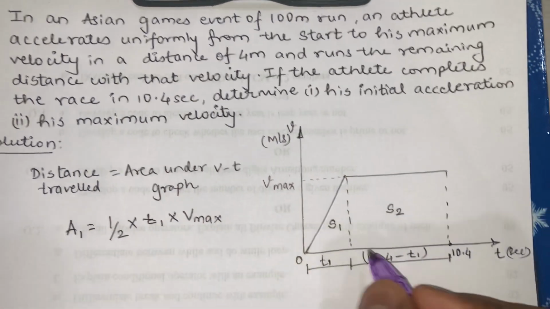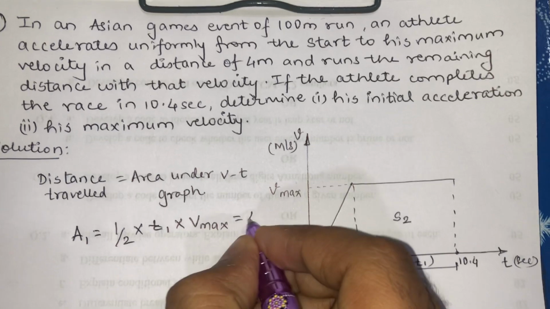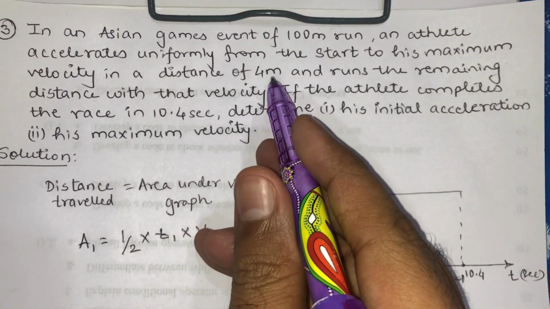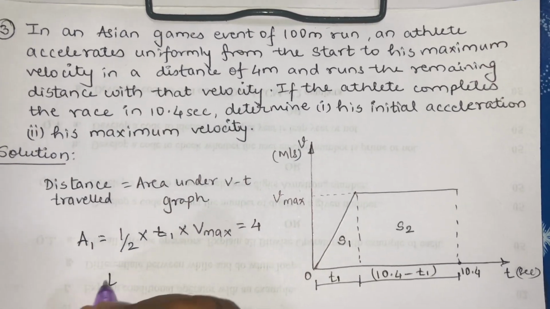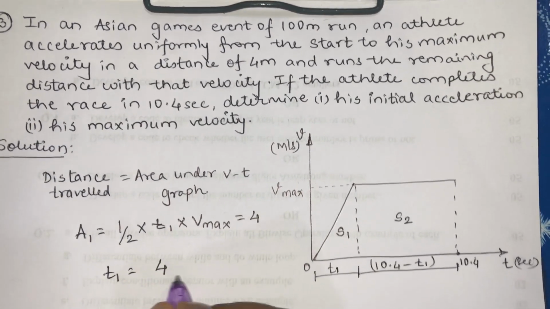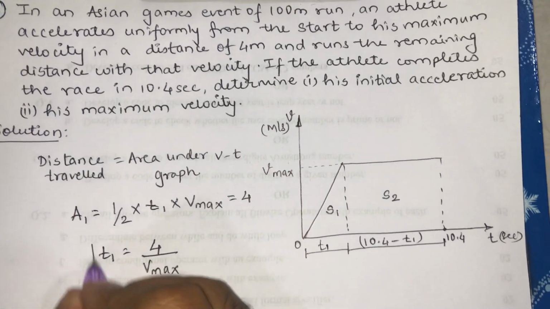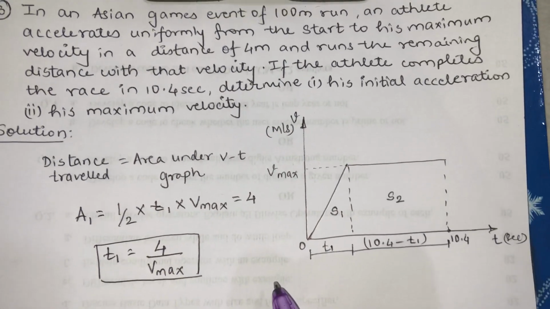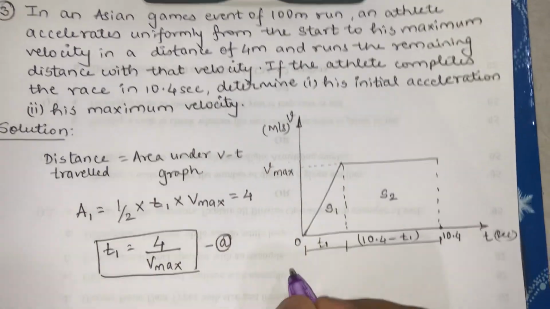This area represents the distance traveled, which is 4 meters, as mentioned here. So my t1 will be 4 upon V max. This is the first equation.